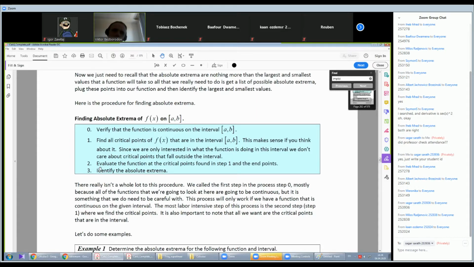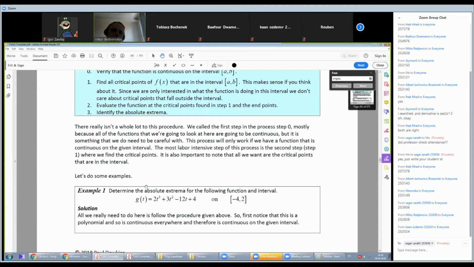And then in step 2, you evaluate the function at every critical point and the endpoints of the interval, right? And then among those, you find the absolute maximum and minimum. You just take the largest and the smallest.